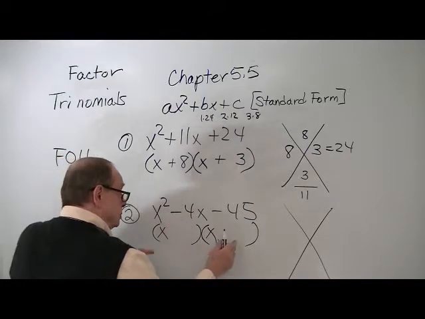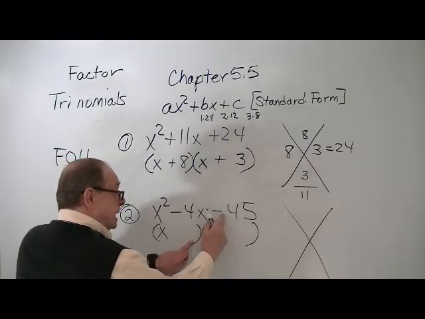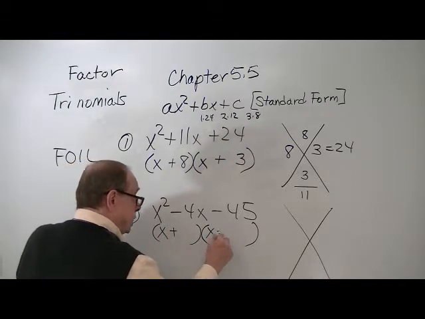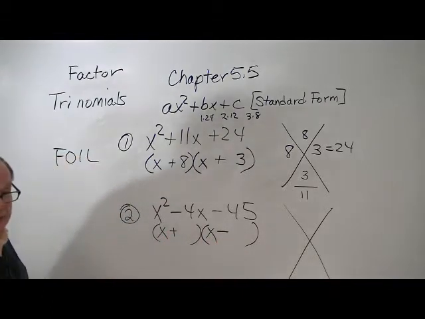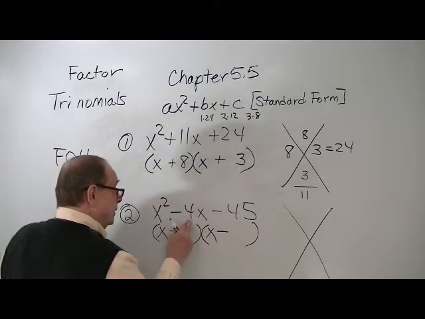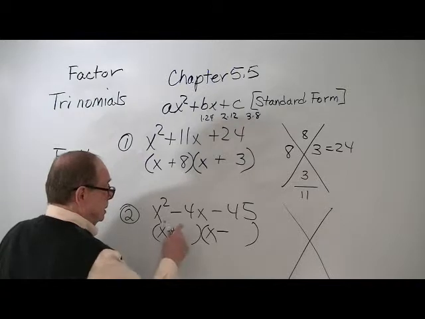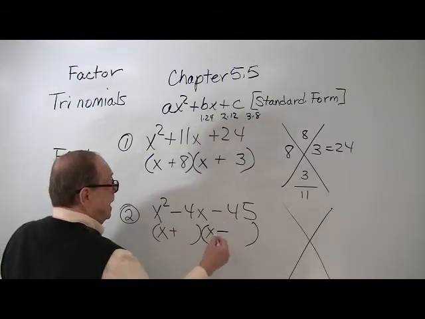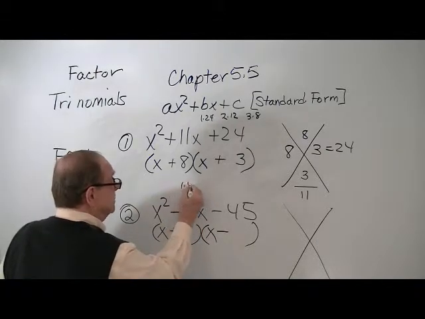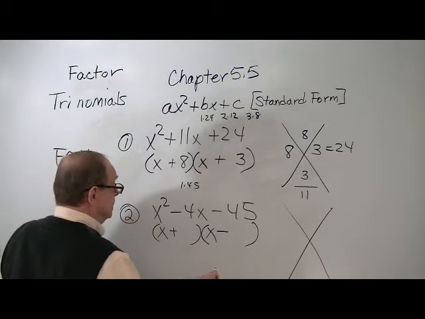In order to multiply our last terms to get a negative, 1 needs to be positive and 1 needs to be negative. So we're looking for a difference here that adds up to a negative 4. So our factors of 45 would be like 1 times 45, that doesn't do it.